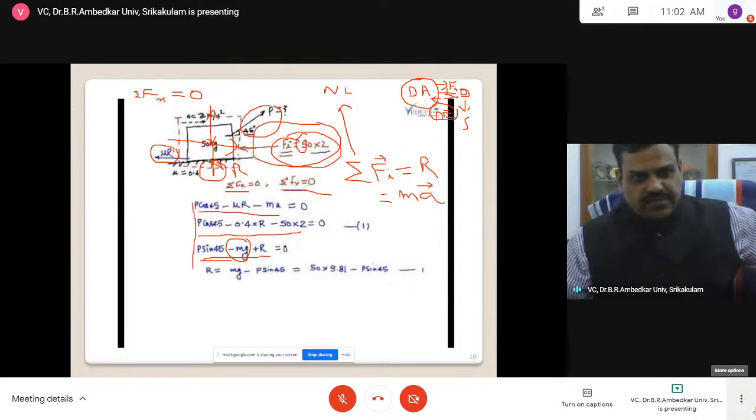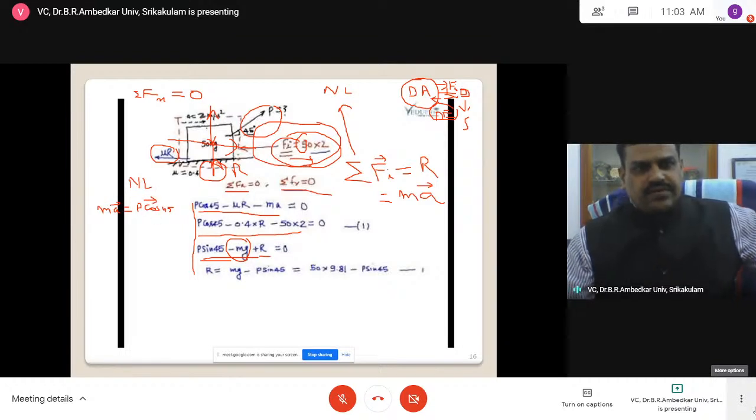If I write the same as per Newton's law, if I don't want to convert dynamics, then mass into acceleration is equal to the force in the direction of acceleration. This is one force, P cos 45, because both are in the same direction.